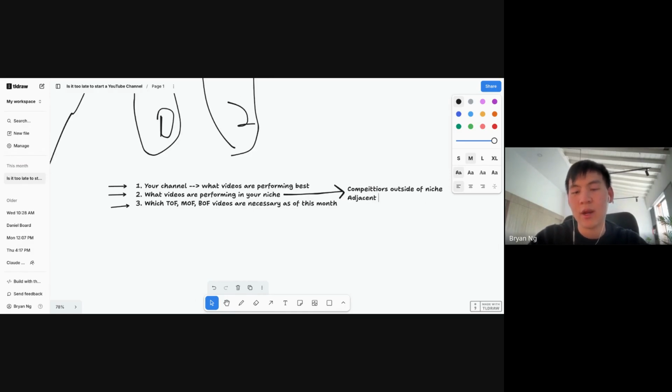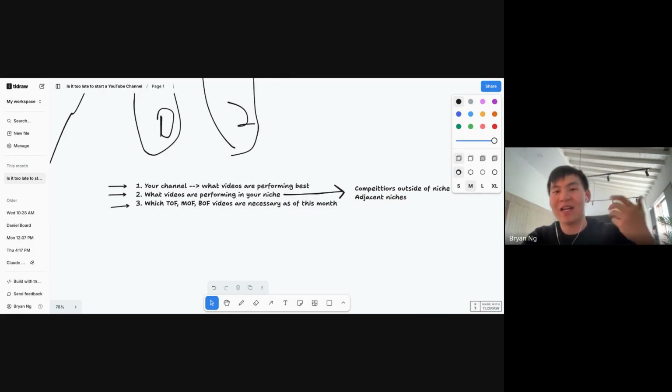You also want to compare in adjacent niches, in which case you will also want to figure out these things, and these will basically be points 4 and 5 that you will want to take into consideration before you start doing the ideation. But for simplicity's sake, let's say we're only looking at these 3 things. At the very least, you should be looking at these 3 things. Most of you aren't already looking at these 3 things.